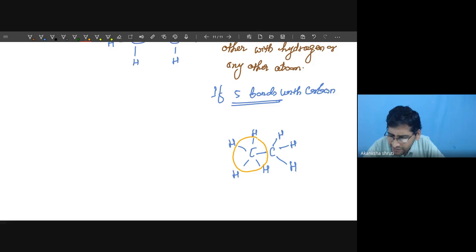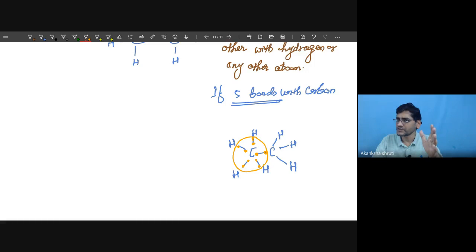How many electrons are in its outermost orbit? Each bond corresponds to 2 electrons, so 1, 2, 3, 4, 5, 6, 7, 8, 9, and 10. Can any outermost orbit accommodate 10 electrons?